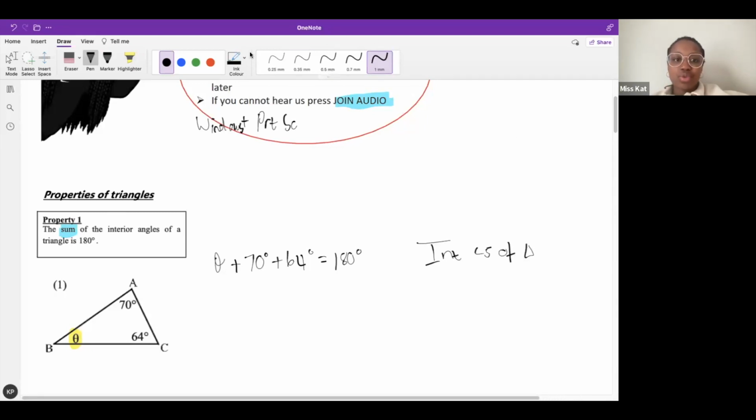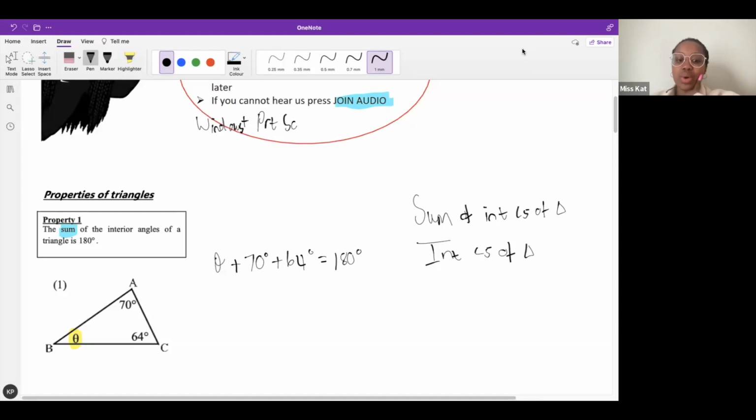Now I first have to preface this and say that reasons differ according to your teachers. I've seen some teachers who say the reason for this should be sum of interior angles of a triangle. So you go according to whatever your teacher prefers at school.